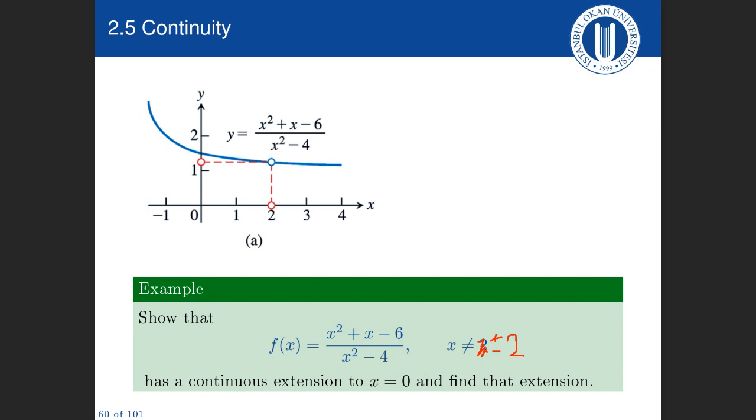And the second mistake here is: show that this function has a continuous extension to x equal to 2. I will fix these slides after the lecture's finished.